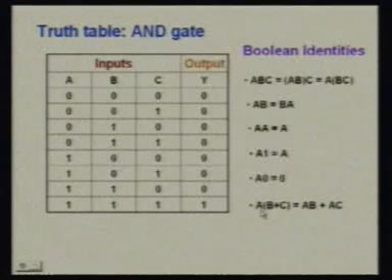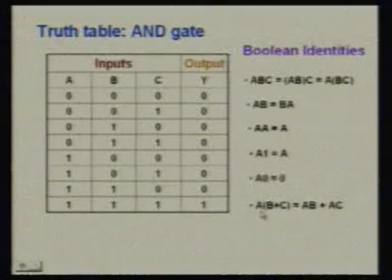Now here we have a combination of operations: the AND operation, and this plus indicates the OR operation. This is in fact the distributive law.